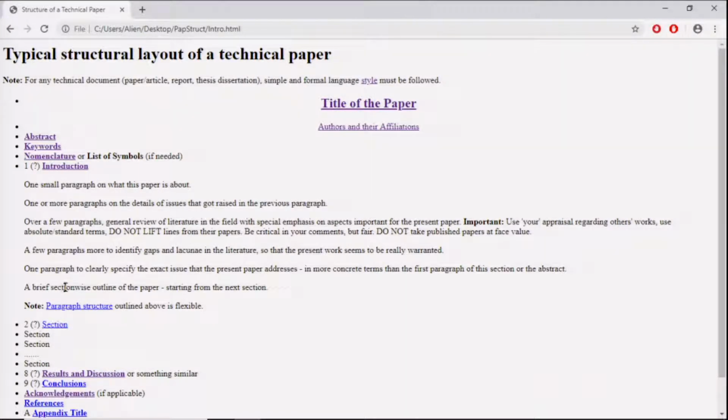Okay. And all these things that we are talking about, one paragraph and two paragraphs and several paragraphs and a few more paragraphs, now, this entire paragraph structure outlined above is actually flexible. I mean, somewhere I have said one paragraph that might be put in two paragraphs if the authors feel that is more appropriate and so on.